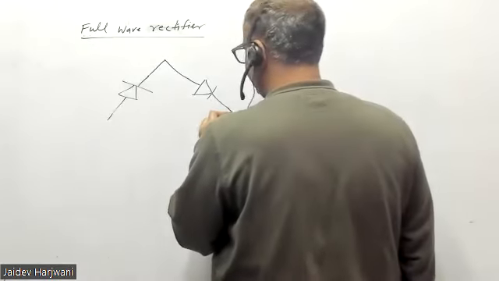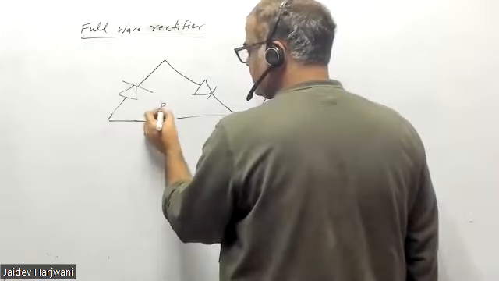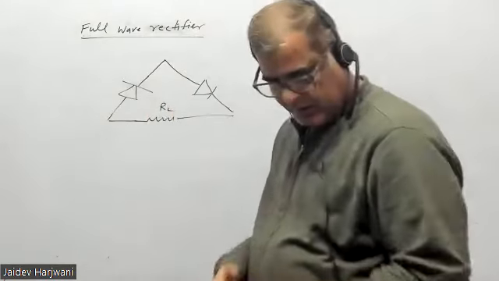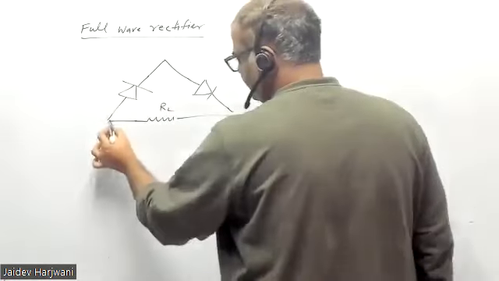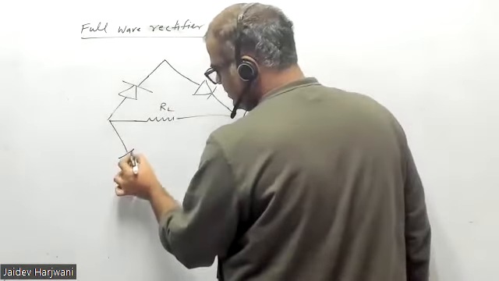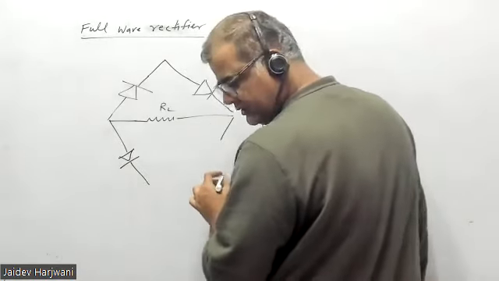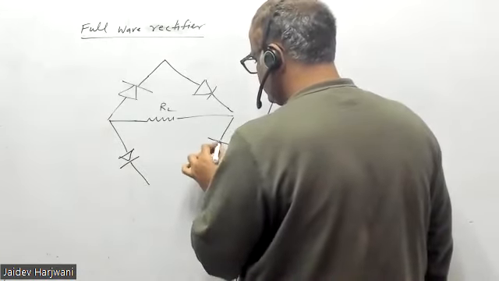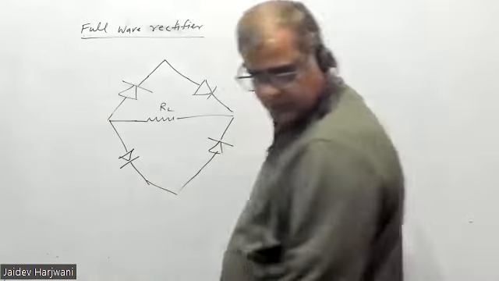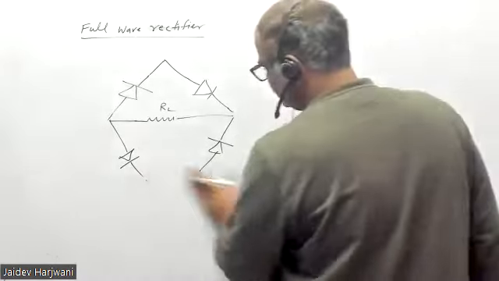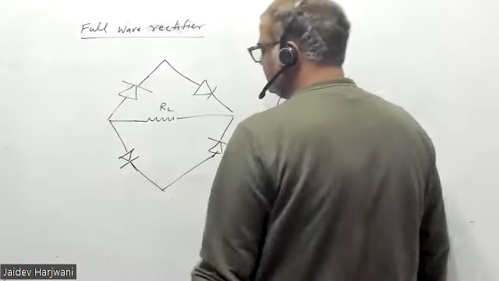And then you have R_L. And I have here put one more diode. Here one more diode. So this is my circuit. Okay, this is my circuit.